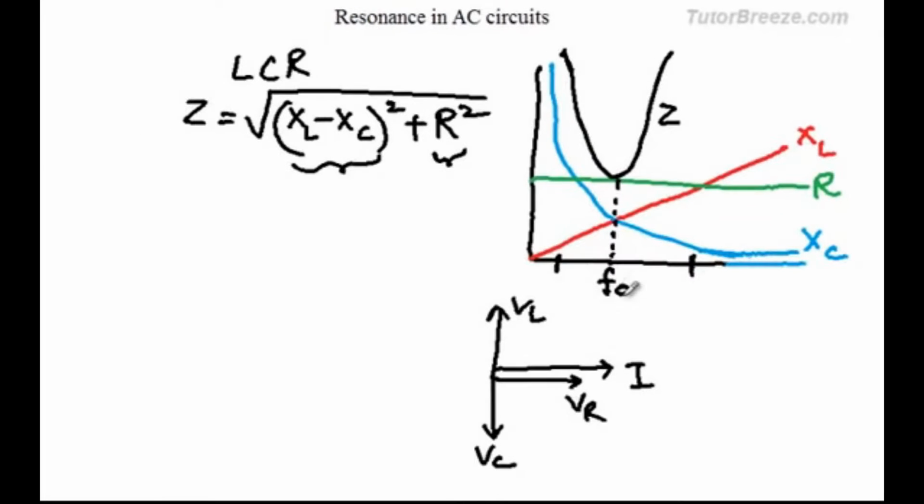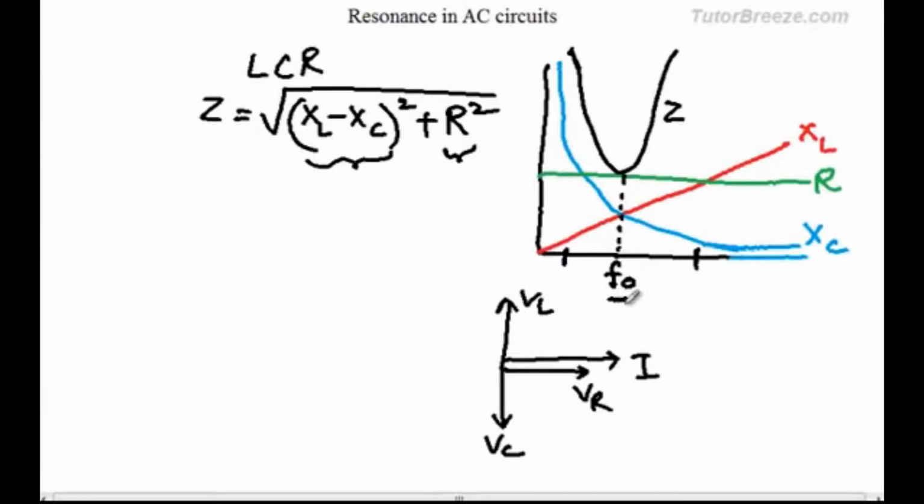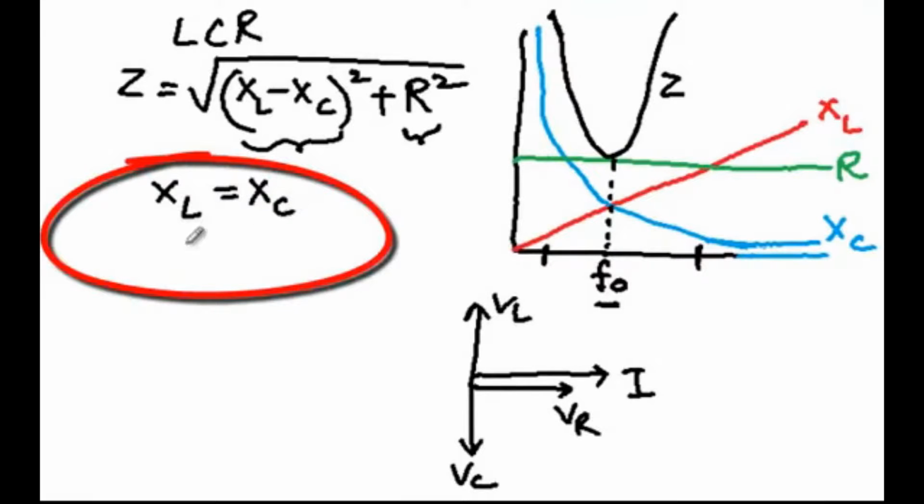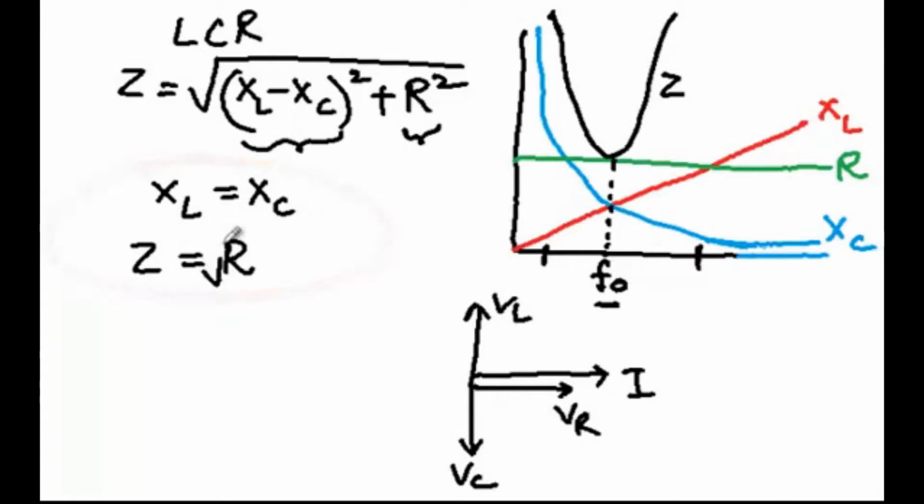This frequency is the resonant frequency. At resonance, only the resistance R contributes, because XL becomes equal to XC. So what you're left with, Z is equal to simply R, because this is root R square, which equals R.